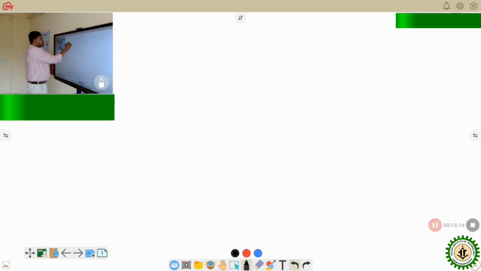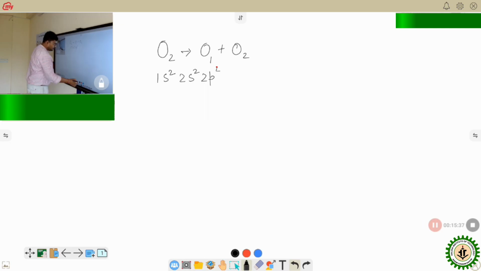So similar to hydrogen, let's say we have two oxygen atoms, O1 and O2. We know the electronic configuration of oxygen is 1s2, 2s2, 2p4.